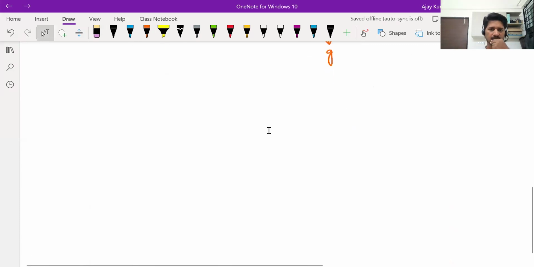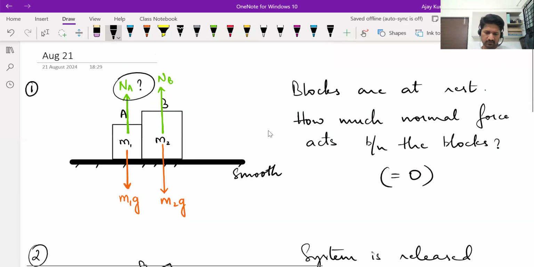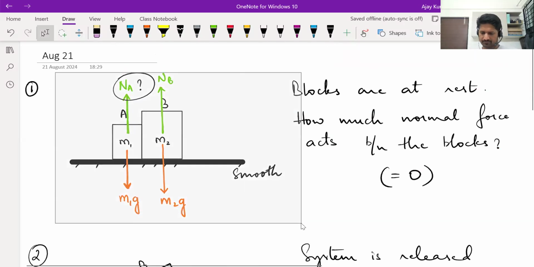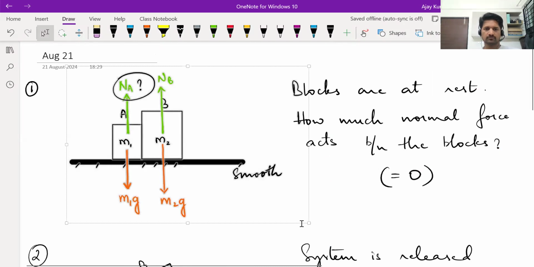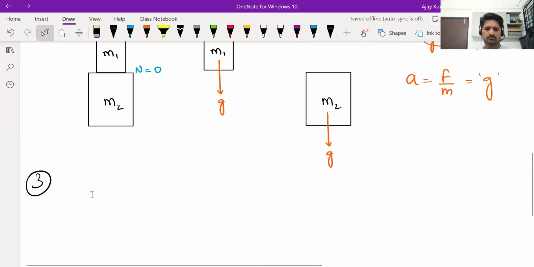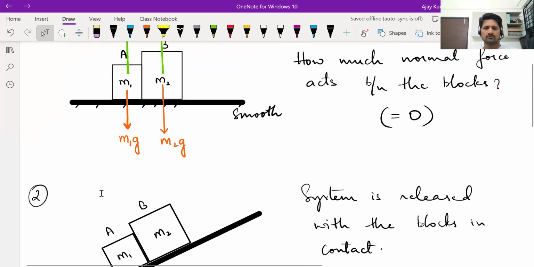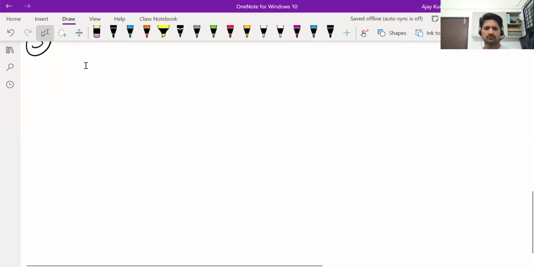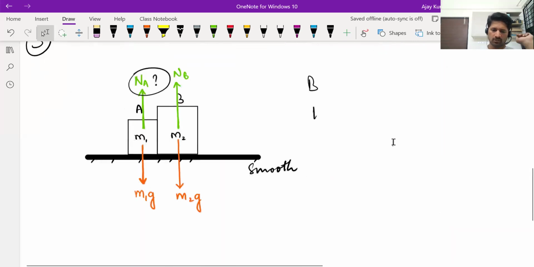Okay. Let's consider another situation, somewhat similar to the first case. Two blocks placed on a smooth horizontal surface.